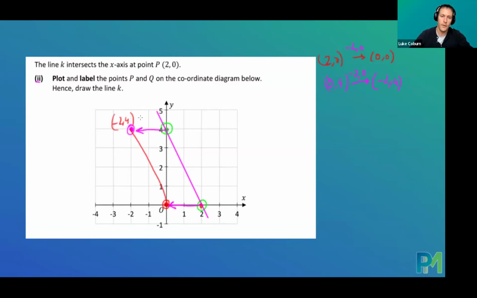-2 and 4. Okay. But we could get there as well by saying, that point there is 2, 0, and I want to get to 0, 4. So how do I get from 2, 0 to 0, 4? Well, I subtract a 2 from the x and I add a 4 to the y.